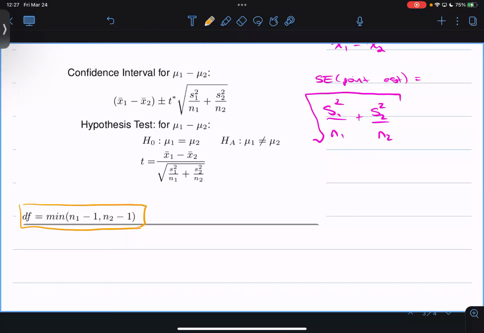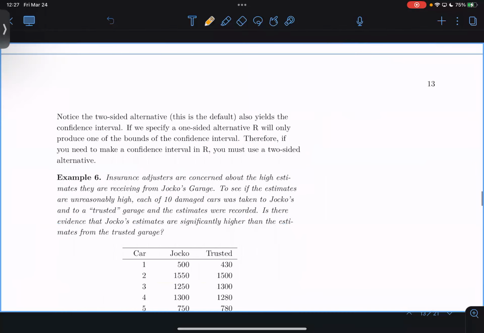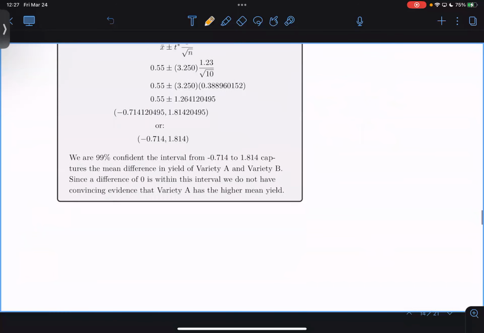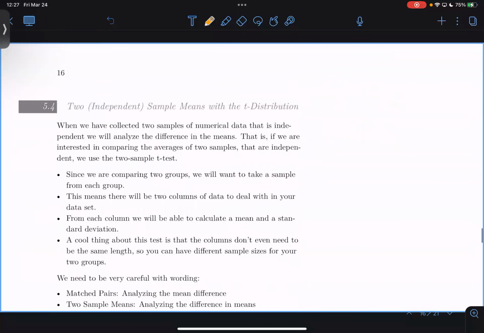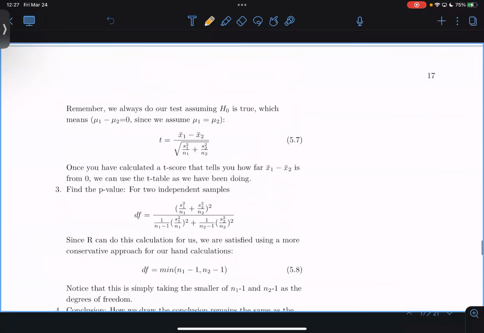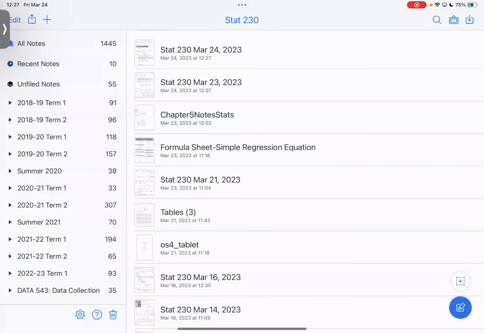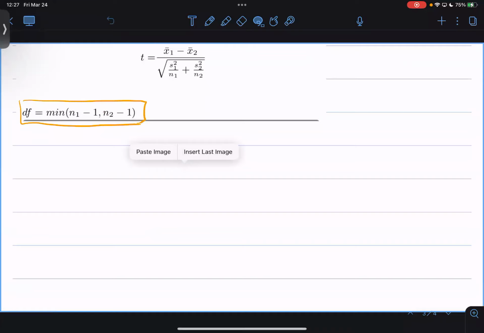I don't think I have it anywhere handy. Actually, let me see if I do. Did I keep it here? It's really bad. Okay.